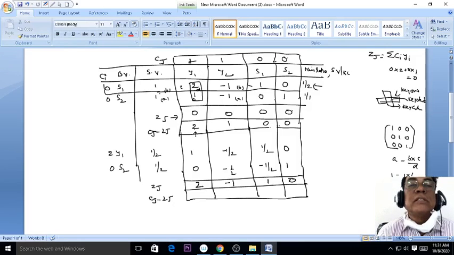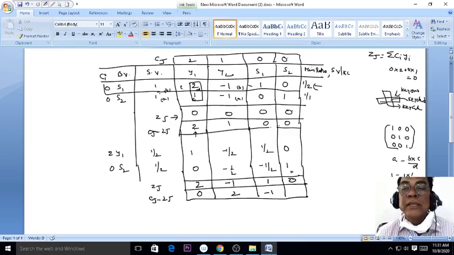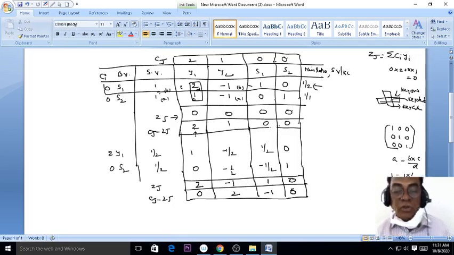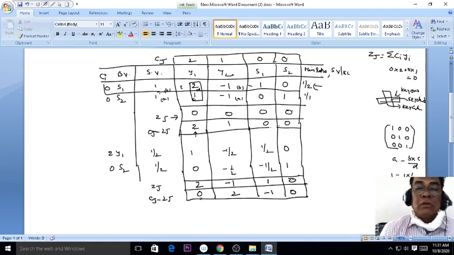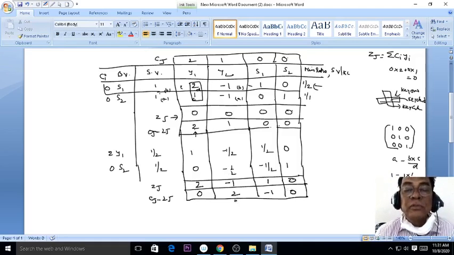Listen, this is 2. 2 minus 2, 0. 1, okay, 1 minus of minus 2, and 0 minus 1 minus 1, and 0 minus 0, that is called a 0. 0 minus 0, 0. So for key column, select the maximum positive value for key column.